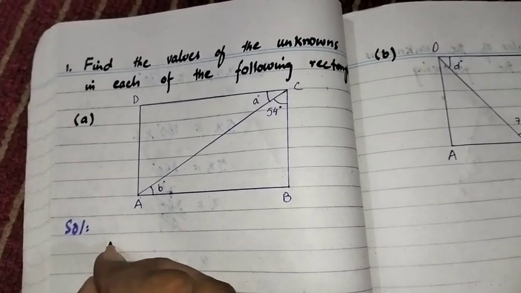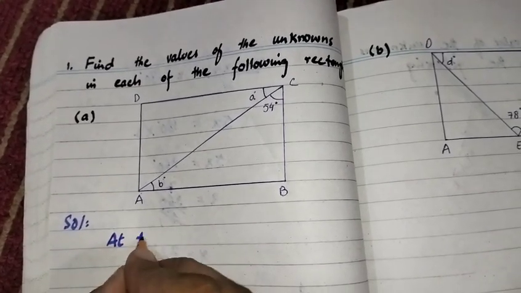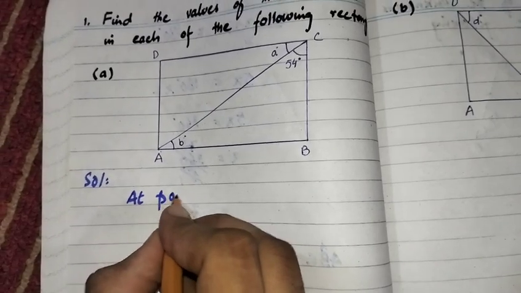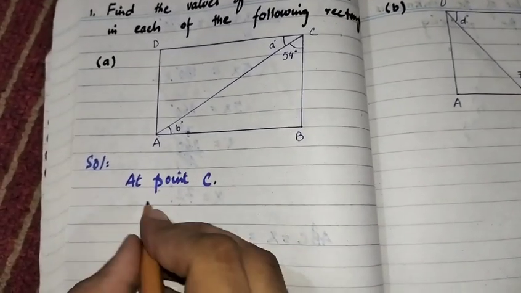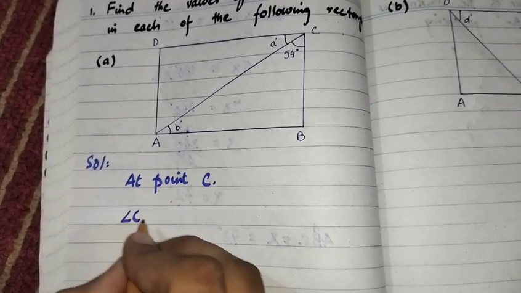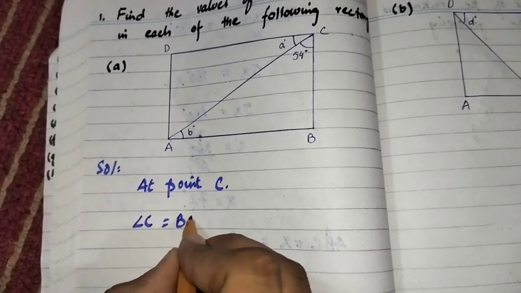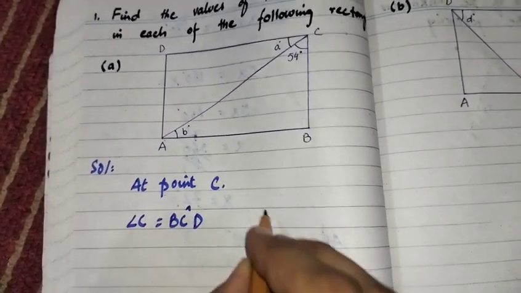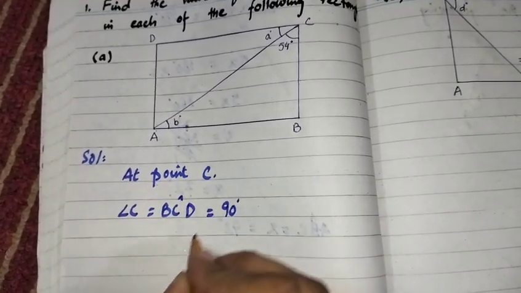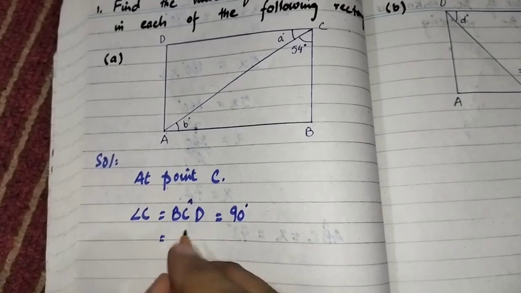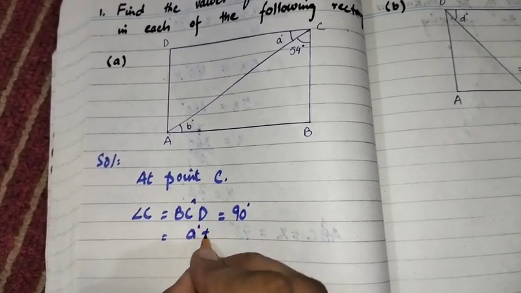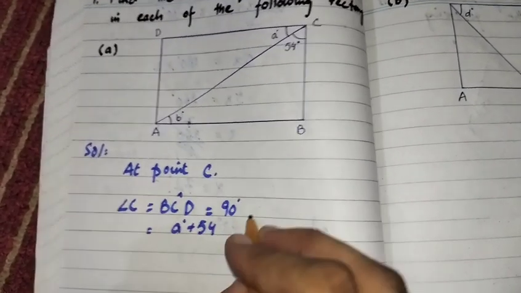So I am considering point C. At point C, as we know, the angle BCD must be equal to 90 degrees. This angle is divided into two parts, which are angle A plus 54 degrees.